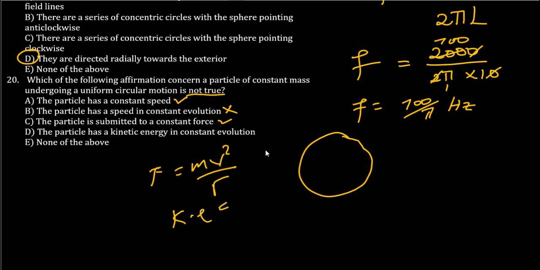Kinetic energy is equal to a half mv squared, but the speed is constant, so it's impossible for this to evolve over time. And the next says none of the above. So there are two options in this question, option B and option D, which are wrong. So those are the answers to this particular question. Now in the whole, if you are obliged to choose one, choose one.